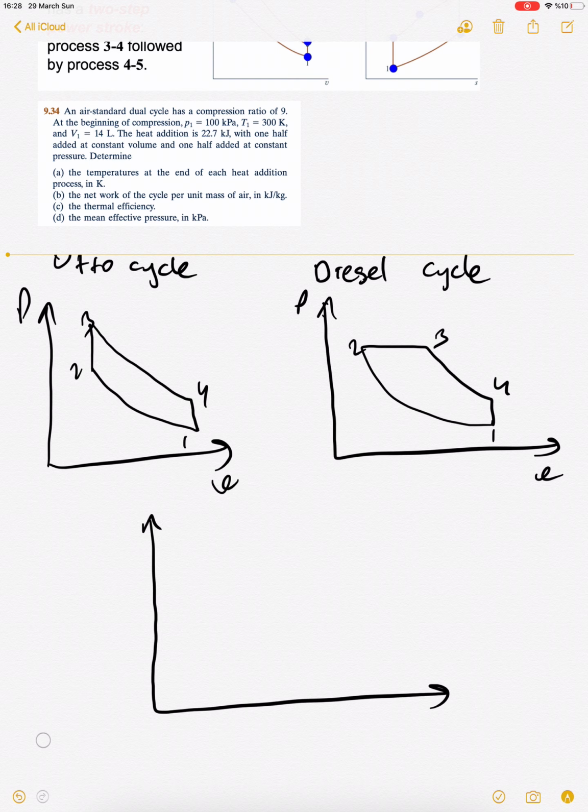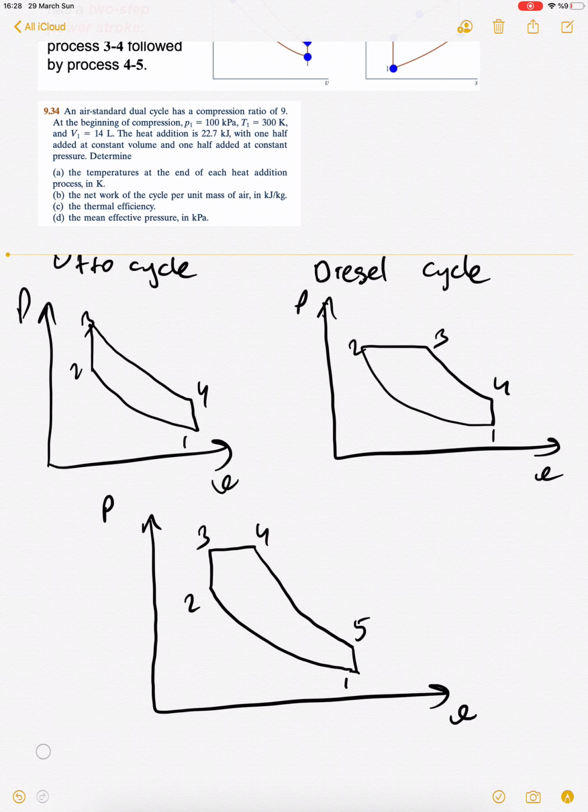Actually, if you really want to use a realistic model, from 1 to 2 this is compression. And what we have is some of the combustion takes place at constant volume and some of the combustion occurs at constant pressure. So actually we have 3, 4 and 5.